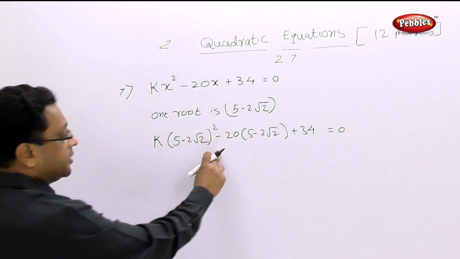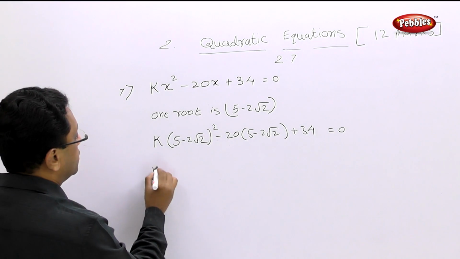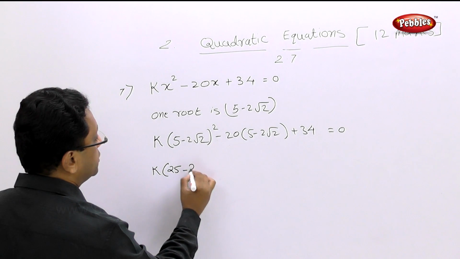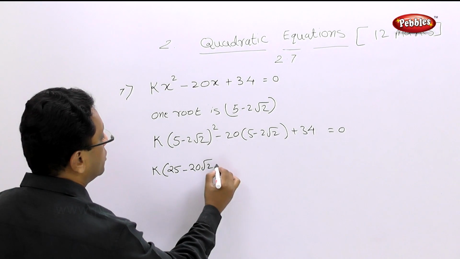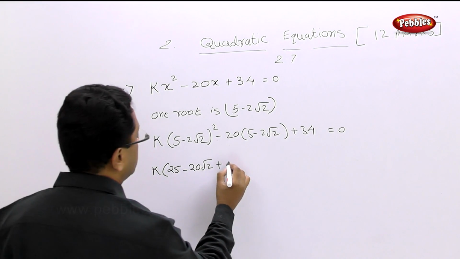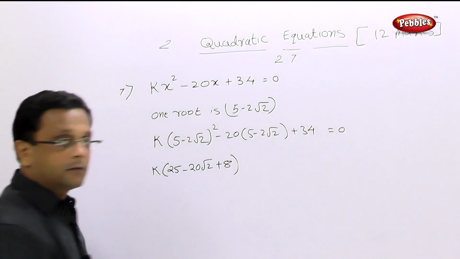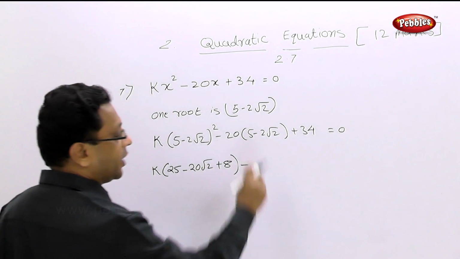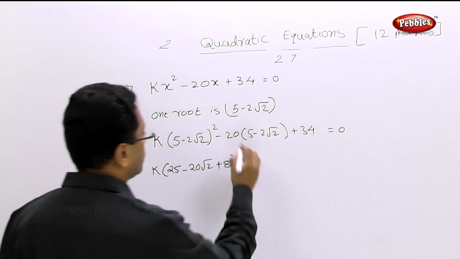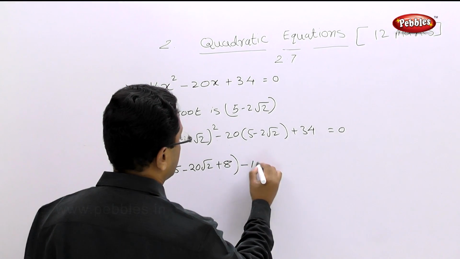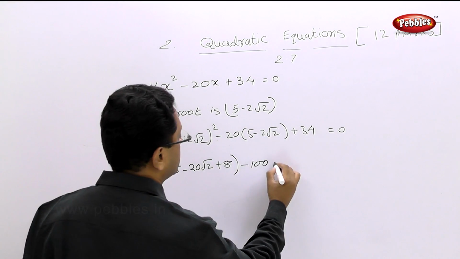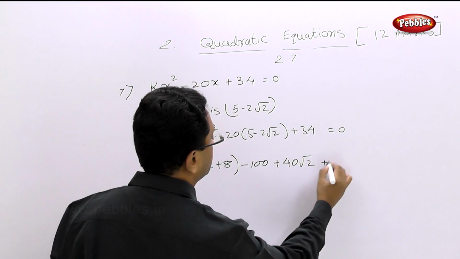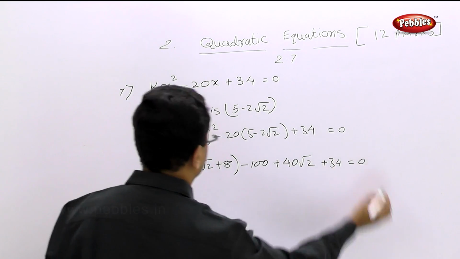So by expanding this bracket, we will get k into (25 minus 20 root 2 plus 8), right? Minus 20 into 5, we have, plus we get 40 root 2 plus 34 equal to 0, right?